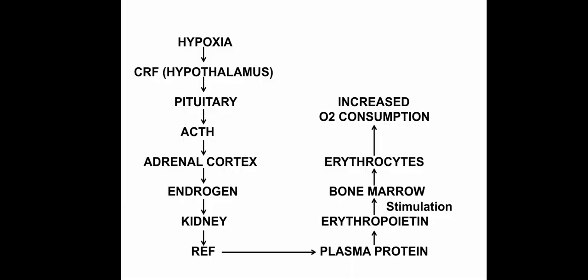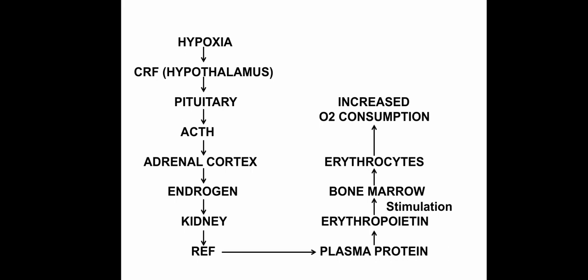If I sum up, the regulation process is like this. When there is hypoxia, or your tissues are getting less oxygen, whatever the reason may be, the final consequence is that the tissues are getting less oxygen than they want. That is hypoxia.